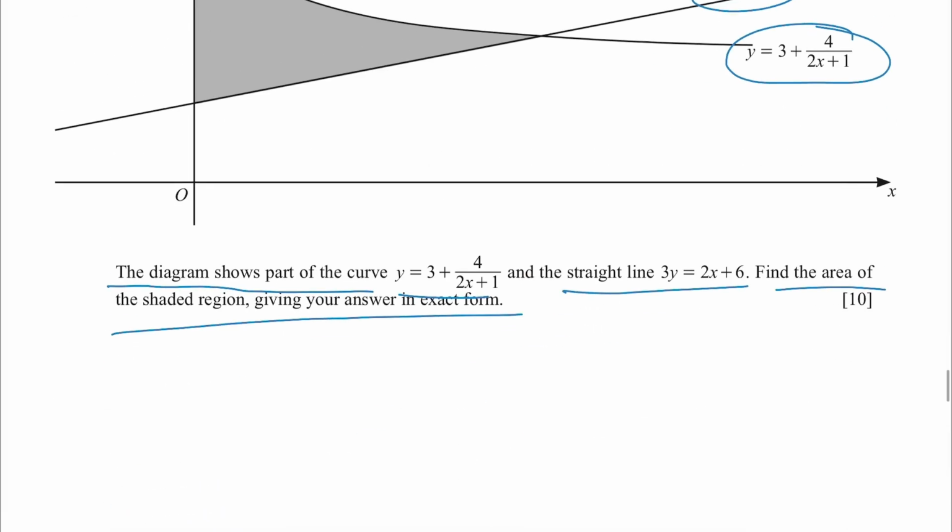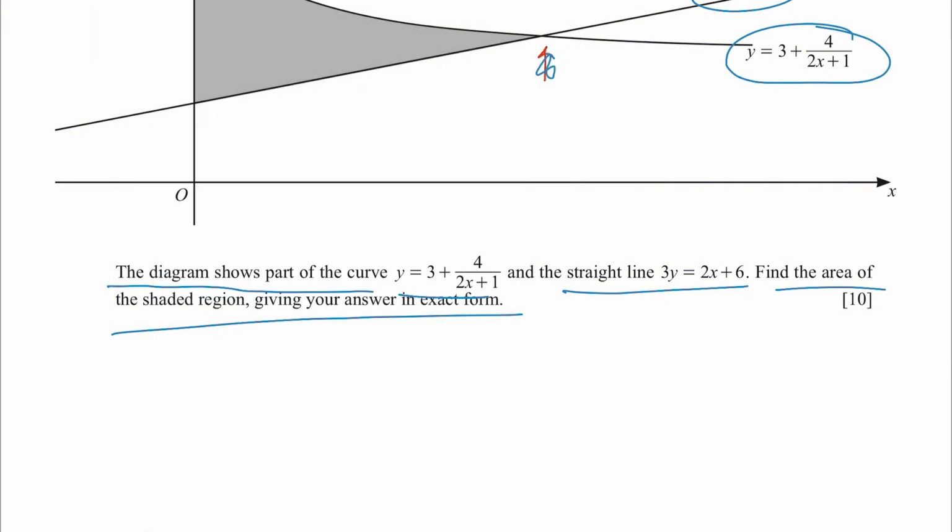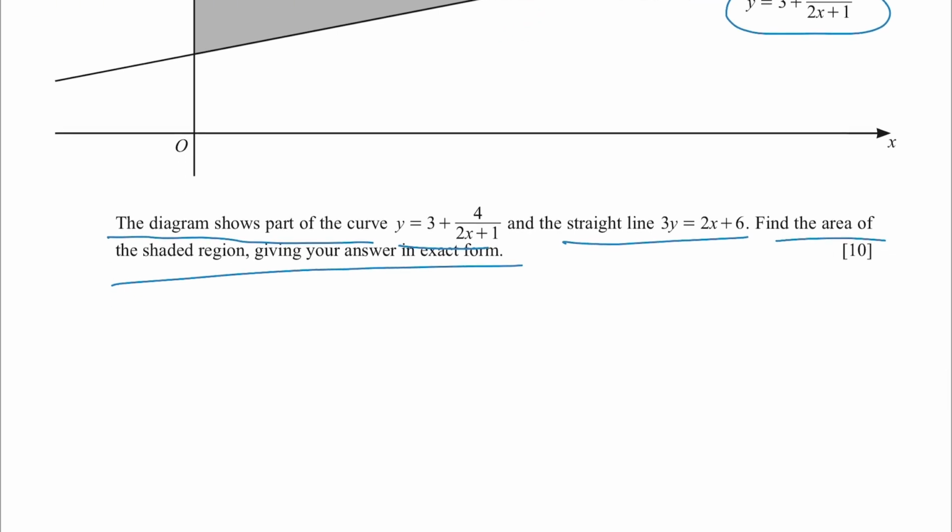Before we start, we'll be calculating the point of intersection. Substituting, we have our equation 1 as 3y equals 2x plus 6, and our second equation as y equals 3 plus 4 over (2x plus 1).